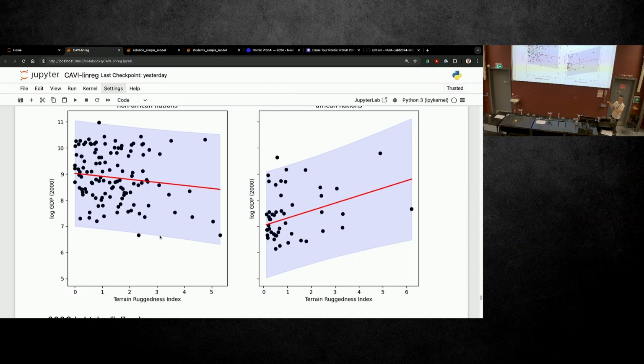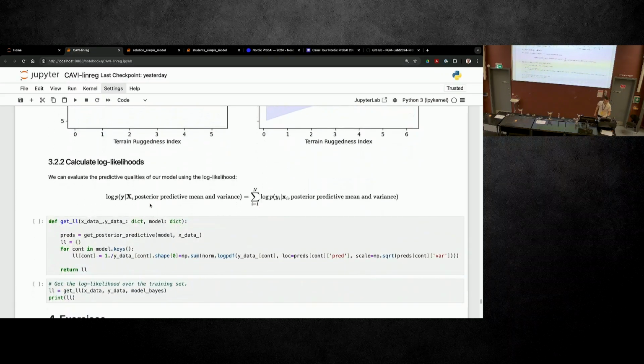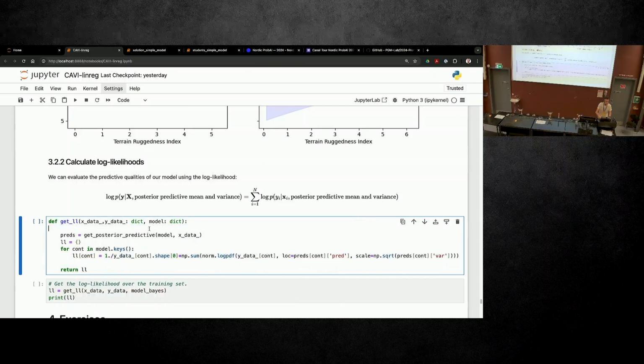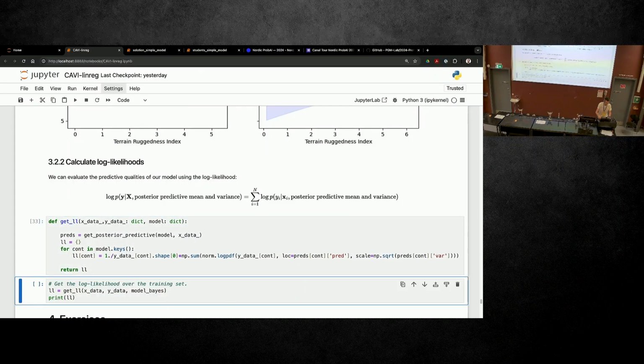So this here is the aleatoric uncertainty, so the uncertainty in the response variable, plus 2 standard deviations around the mean value. And this is what the purple area here indicates. And here you can also see that we are pretty uncertain about the correct predictions. And we can also calculate the log likelihood of the data given the model for model comparison.